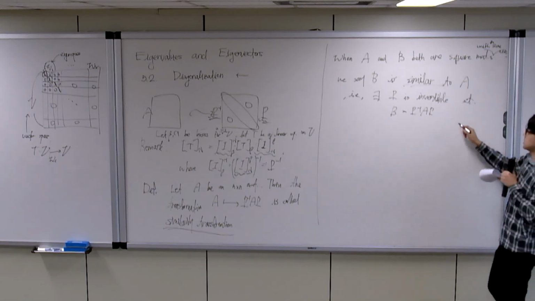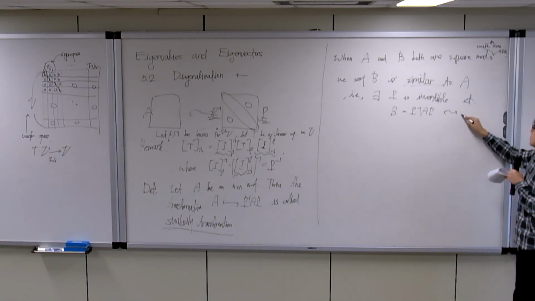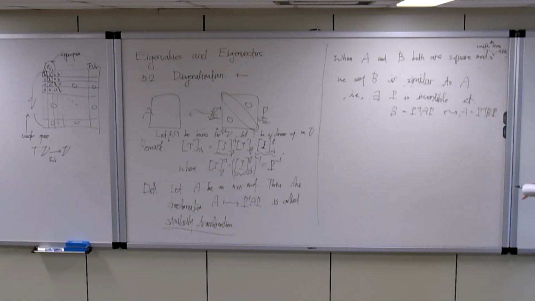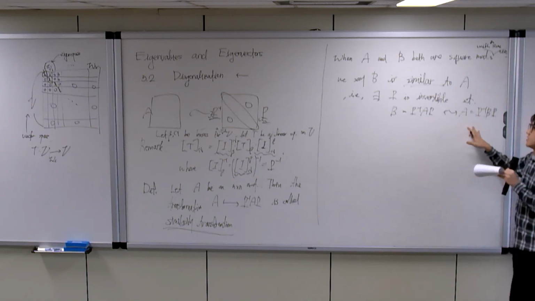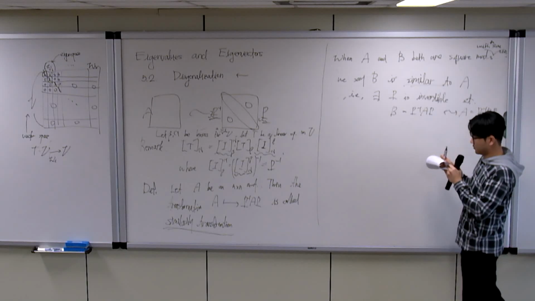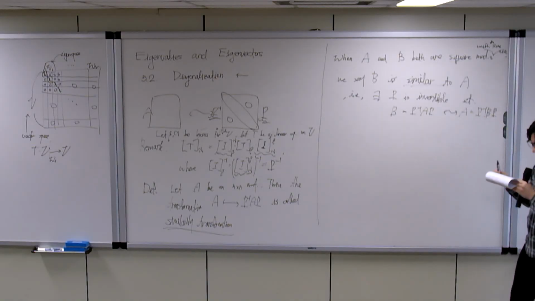Of course, it is okay to consider A equal to P inverse BP. In this situation, we say that the two matrices B and A are similar, or B is similar to A.